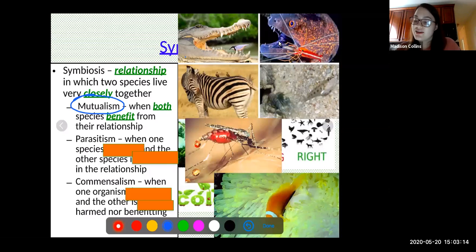Okay, this one right here is a relationship between a shrimp and a fish. This species of shrimp is actually blind, so it can't see when predators are coming towards it. So it basically digs holes into the sand and crawls inside of them.